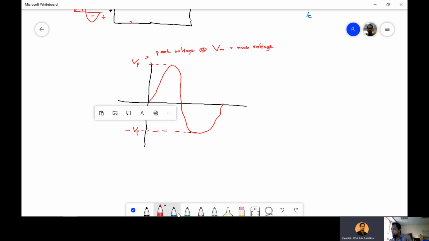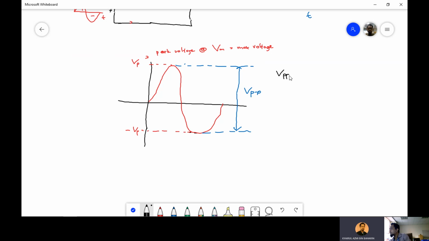Now the range between these two, if I were to draw the range, this is what we call V peak to peak, because it considers from the top to the bottom. So the first equation is, of course, V peak to peak is equal to 2 V peak.